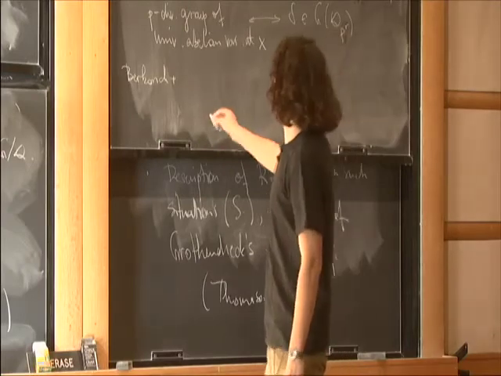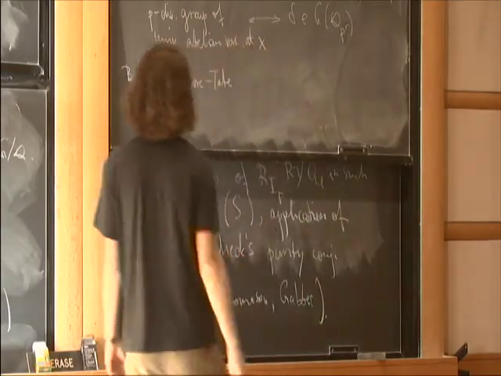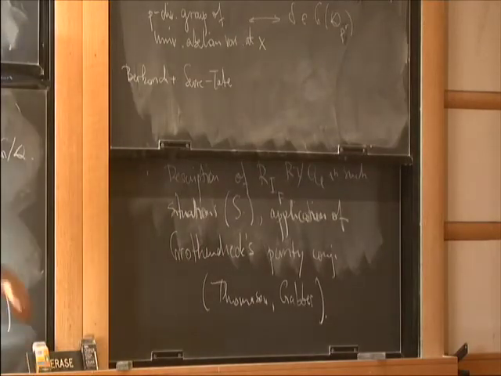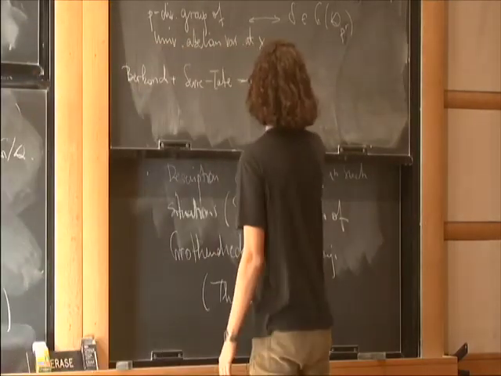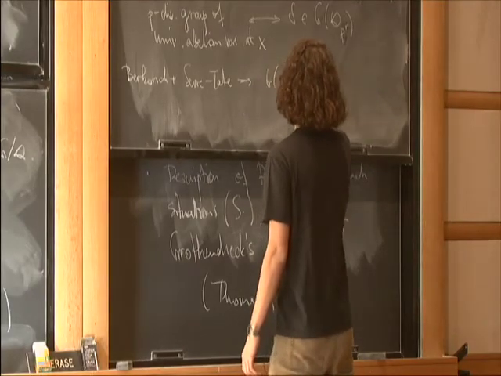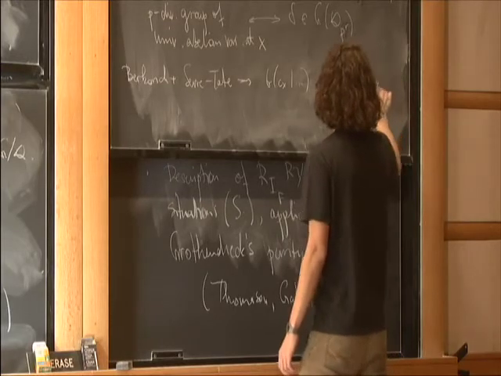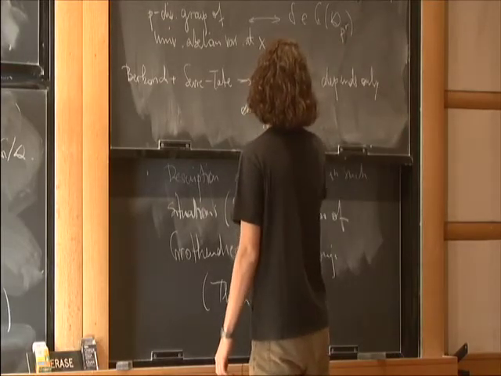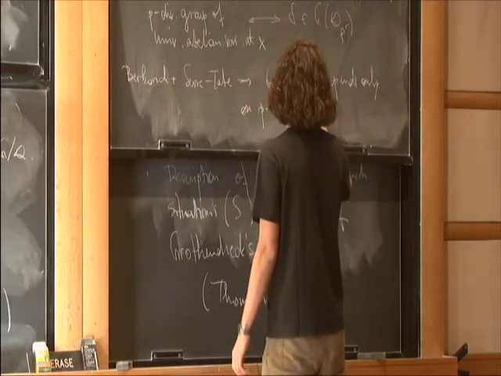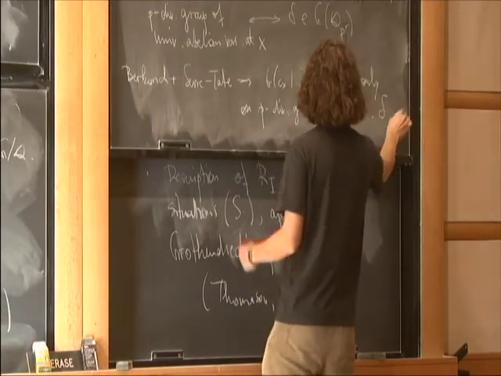And by the Serre-Tate theorem, we know that the completion of this Shimura variety at this point X depends only on the p-divisible group at X. So in other words, on delta.